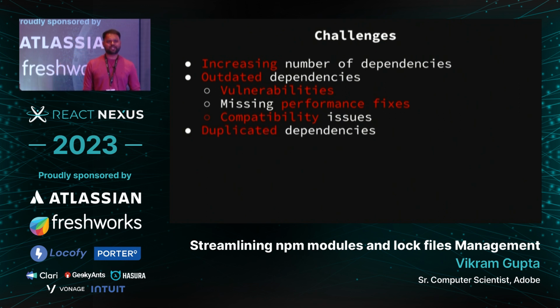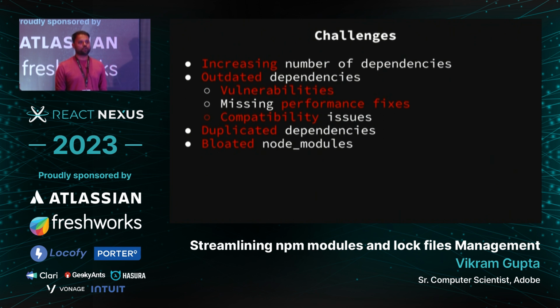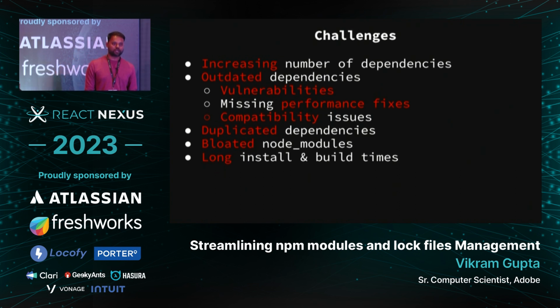We also have a lot of duplications: the same dependency installed multiple times in your yarn.lock. If you run yarn list or yarn why, you can find a lot of duplicated dependencies, which builds a big node modules folder. It's just bloated. It takes long install and build times on your local machine, with frustrated developers.